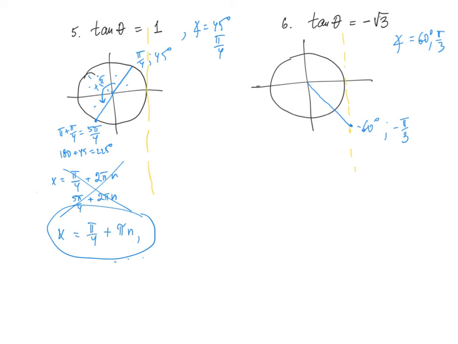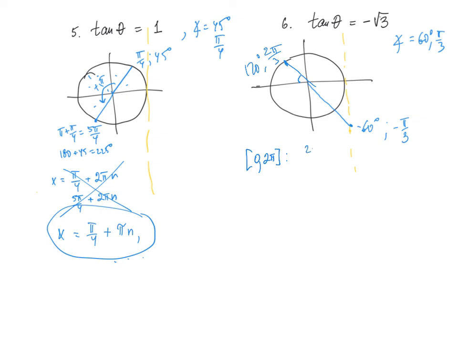The other solution is in the second quadrant. Again, if the reference angle is 60 or pi over 3, then this will be 2 pi over 3, or 120 degrees. If you want solutions from 0 to 2 pi, then is this our answer?